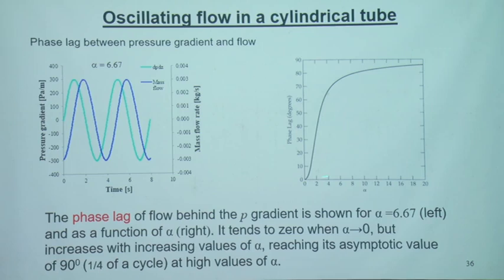You can see that as you increase the Womersley number, the phase lag initially increases very sharply, and then it slows down, and then it plateaus. So the maximum phase lag is slightly less than a quarter of a cycle.